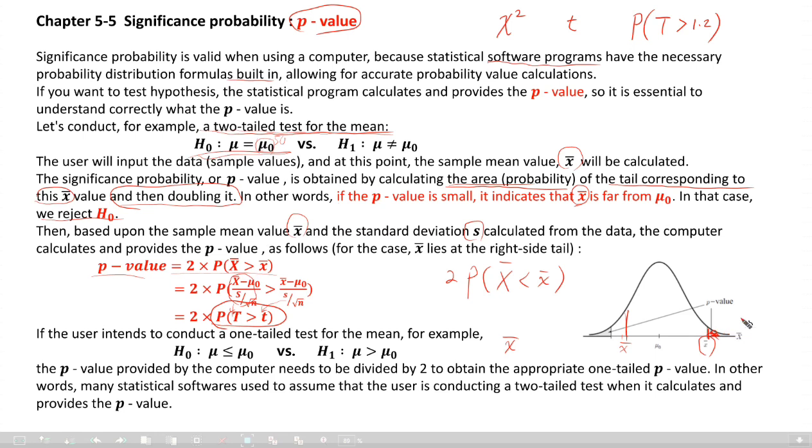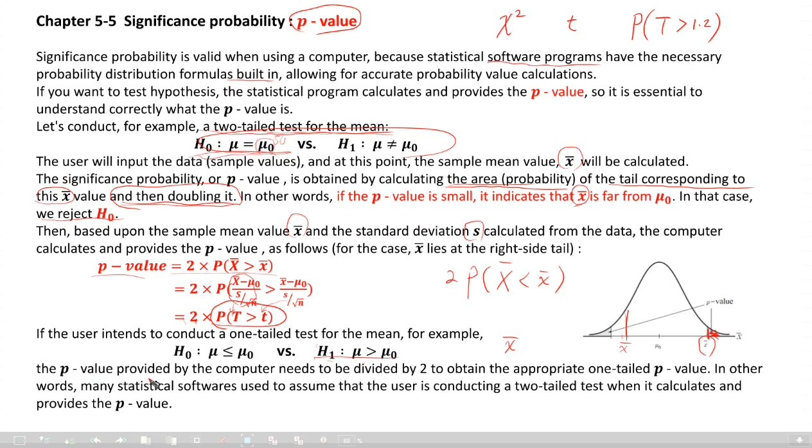Okay, so we have to focus on one tail. This is a two-tail test, so we focus on two sides, two tails. That's why we double it. But if one tail, then we just concentrate on one tail. This one is a right hand side tail.